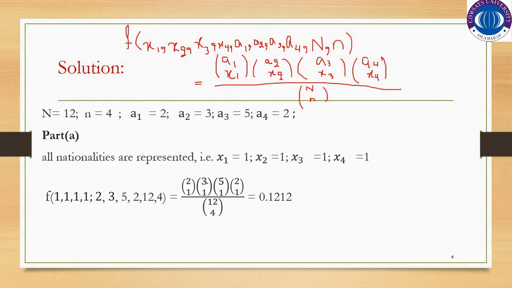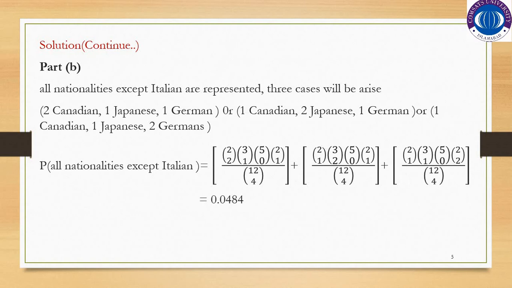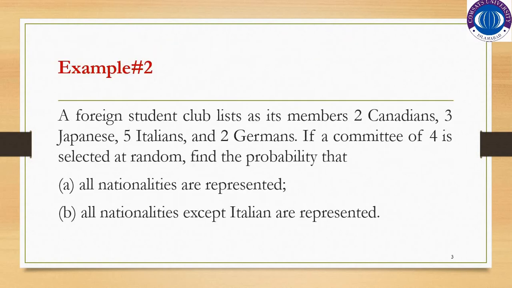So you will get the probability of selecting the members of each nationality in a committee of 4, which is 0.1212.